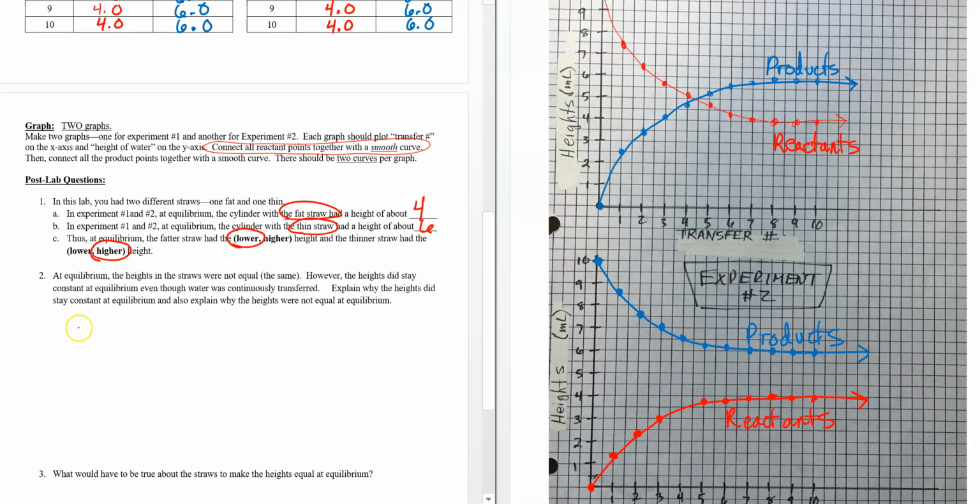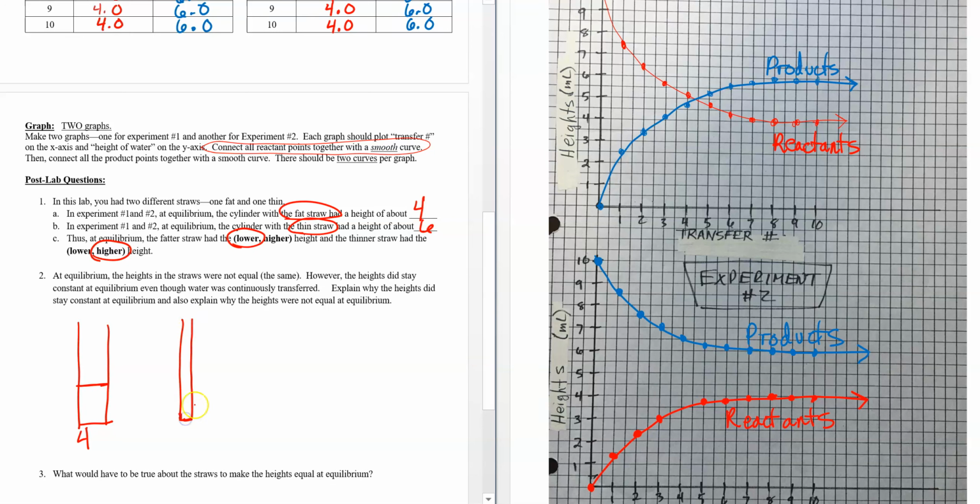Let's draw a little picture. So let's imagine this is our graduated cylinder. And we had the fatter straw here. So this is the one that we ended with 4, height of 4. And that was the one with the fatter straw. And then the thinner straw, let's make a thinner straw.